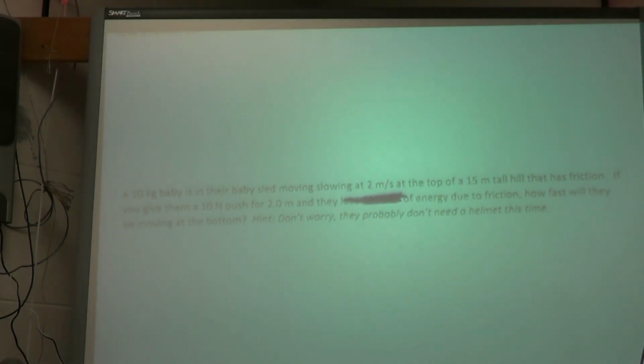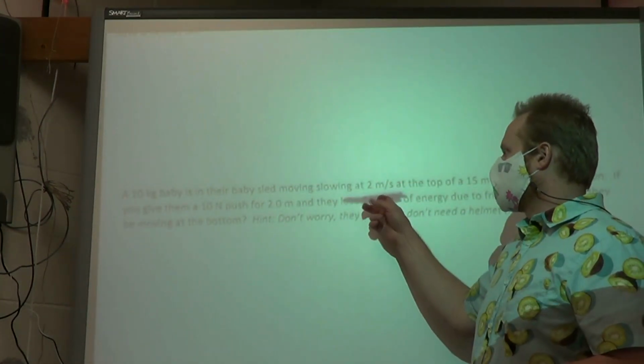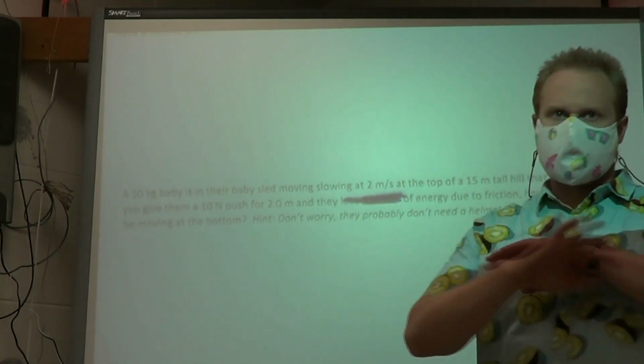The thing that we also need to add is there is a force of friction, and I'm going to tell you the value of that force of friction is 5 newtons. Two things that are not in the fourth problem: we scribbled out some amount of energy lost due to friction, not using that number.